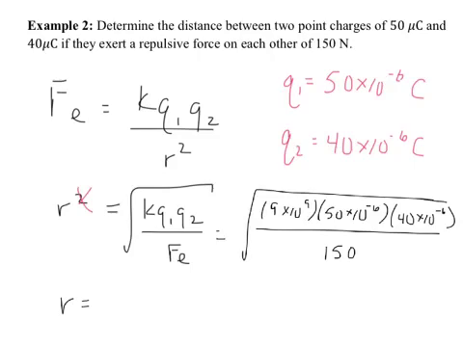What did you say? 0.346? Tristan, let's go. Calculator, check it. Nick, what was it? 346? Yeah. I wrote 3.5 because I rounded it. 0.346 meters.